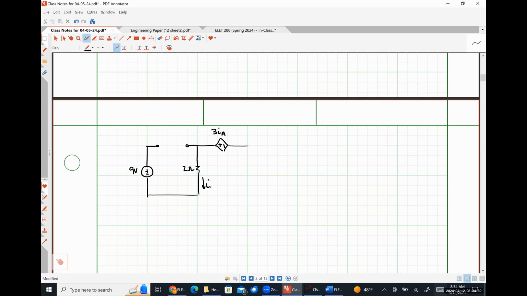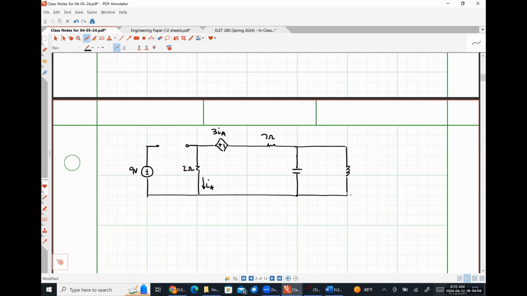Here's my current IA. Here's my 7 ohm resistor. And then here's my capacitor. And here's my inductor. So I just want to remind you guys explicitly that we're finding the equivalent resistance seen by our energy storage elements.